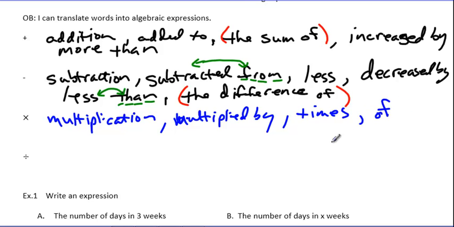Of and the product of. Now just like we did before, I'm going to add some things here. For example, the product of, we'll put parentheses around, and of, I'm going to change the color really quick, and we're going to just kind of hint at the fact that this is usually used for fractions.